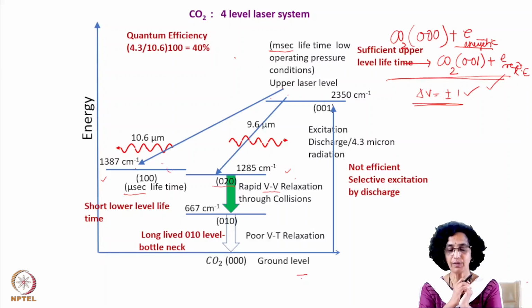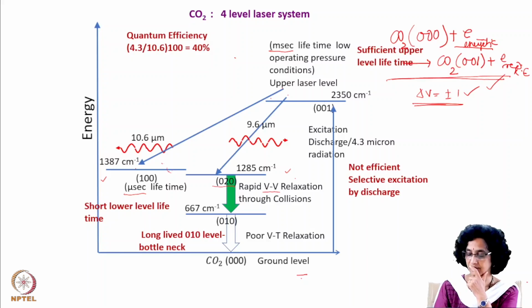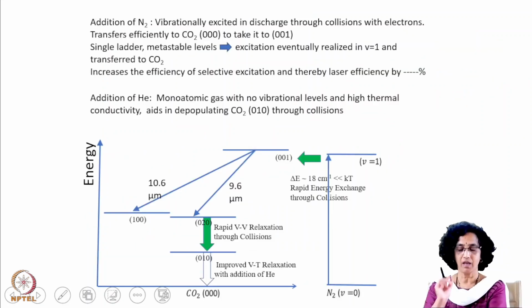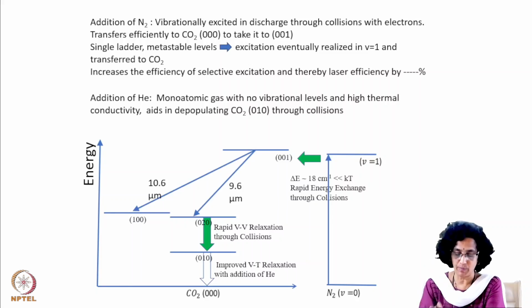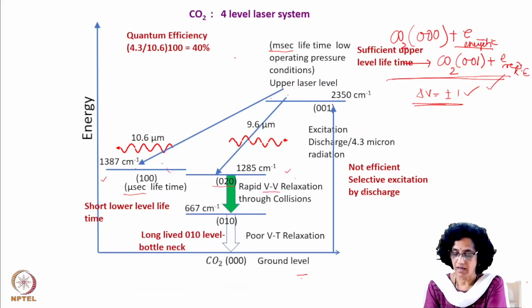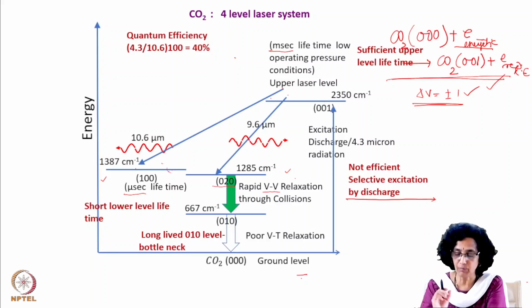Now, our most important task or problem is that we had 2 problems basically. The problem is not efficient selective excitation by discharge. We have said that although the upper laser level gets selectively more populated, the probability of the lower levels getting populated is less.